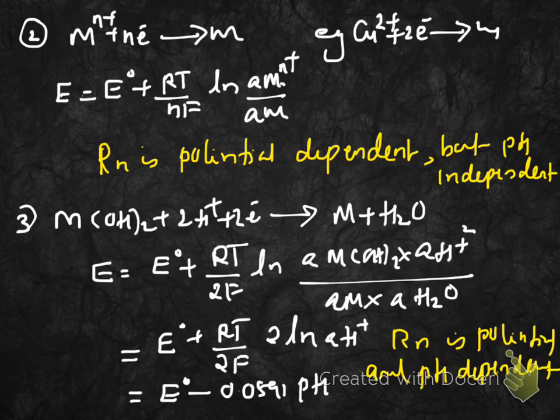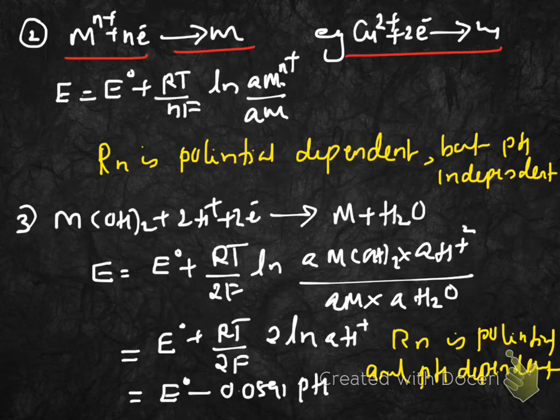Second reaction is reduction of a particular metal ion to the corresponding metal. M n plus plus n electron gives M. Reduction of a particular metal ion to the metal. Cu2 plus plus 2 electron gives Cu is an example. Such kind of many reactions you have heard in electrochemistry.